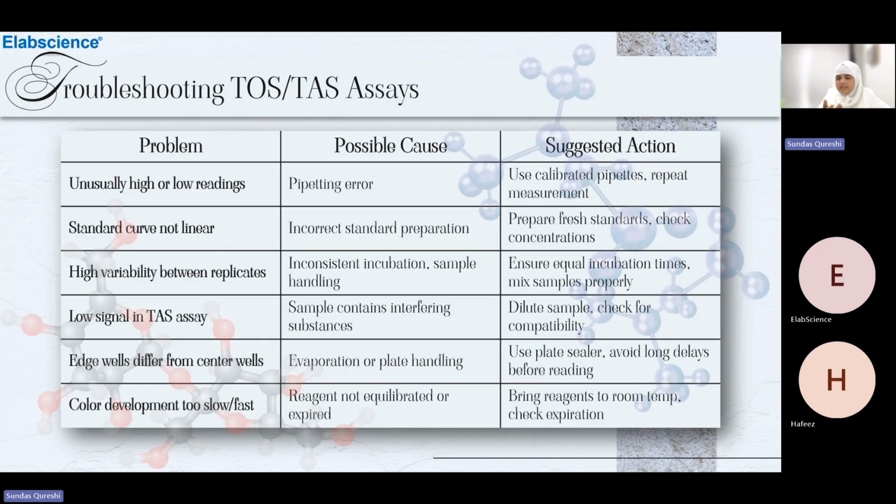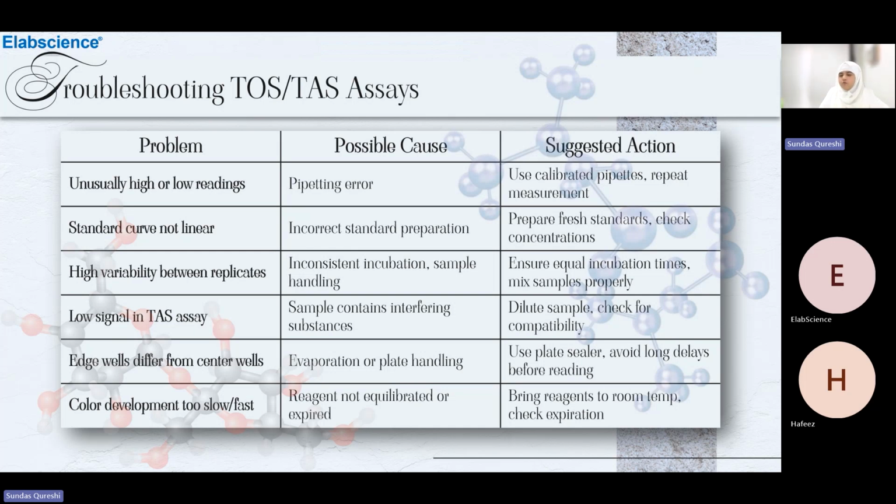For example, in TAS assays, low signals may result from interfering substances in the sample, so consider diluting or checking the compatibility. Then the edge wells sometimes differ from the central wells due to evaporation or handling, so always use a sealing film, and minimize the delays before reading.